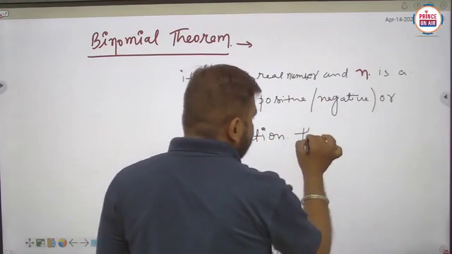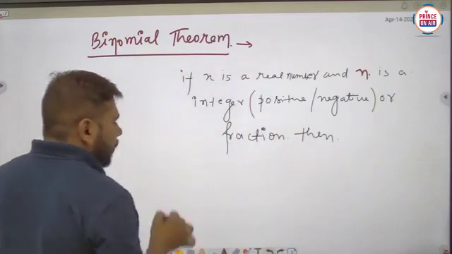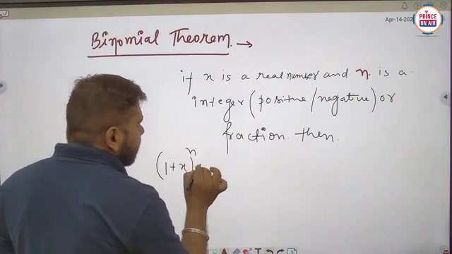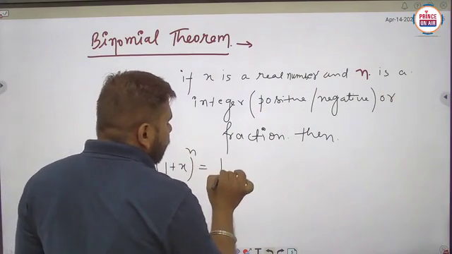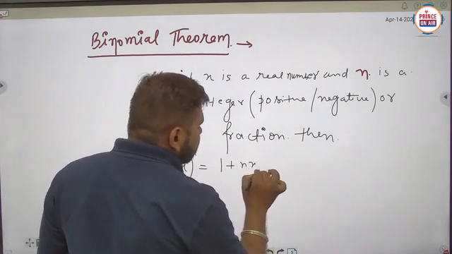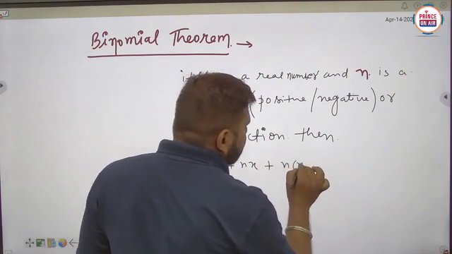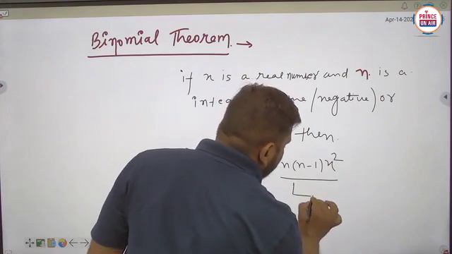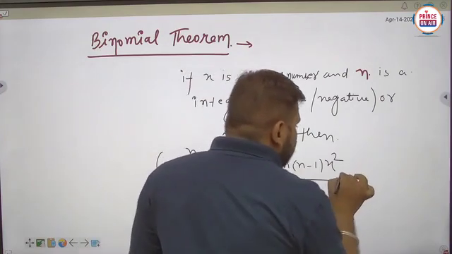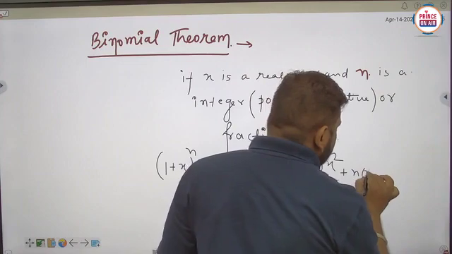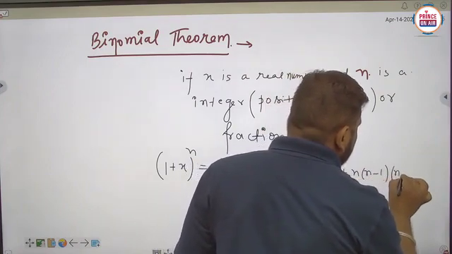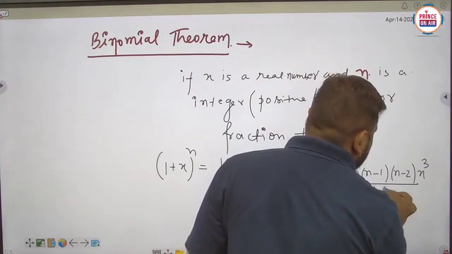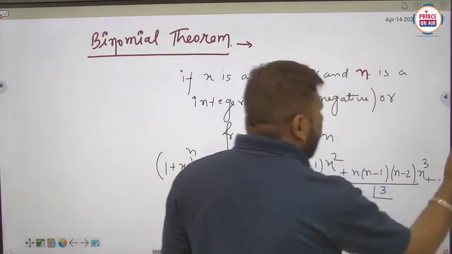then 1 plus x the power n is equal to 1 plus nx plus n into n minus 1 x square upon factorial 2 plus n into n minus 1 into n minus 2 x cube upon factorial 3 and so on.